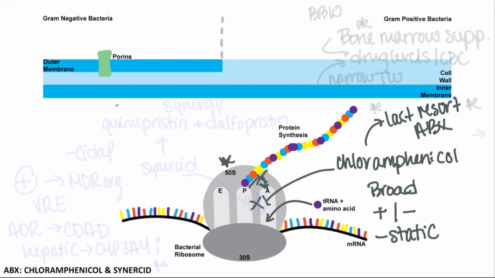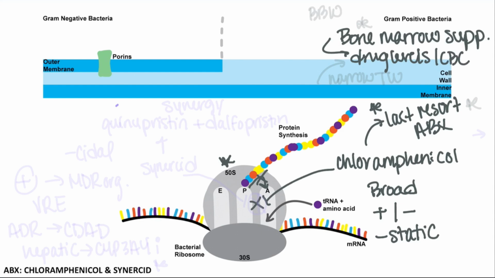Now, with this broad spectrum coverage, the primary reason that it is a last resort antibiotic is because there is a significant risk of bone marrow suppression with this agent that requires very careful monitoring of blood levels and CBC.